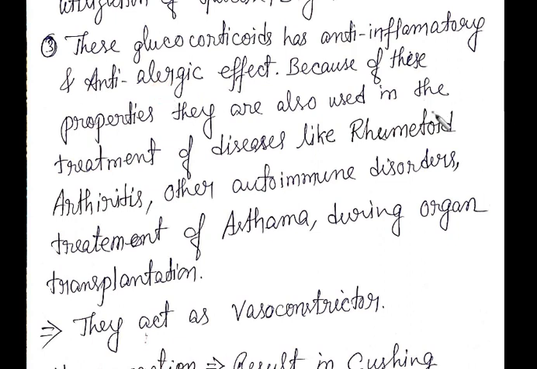So that's why we use glucocorticoids to treat certain diseases as well. Which diseases? Rheumatoid arthritis, other autoimmune diseases or disorders, and treatment of asthma. Also we use glucocorticoids during organ transplantation. So these are the different uses of the glucocorticoids, because they have these other effects as well. This is very interesting.